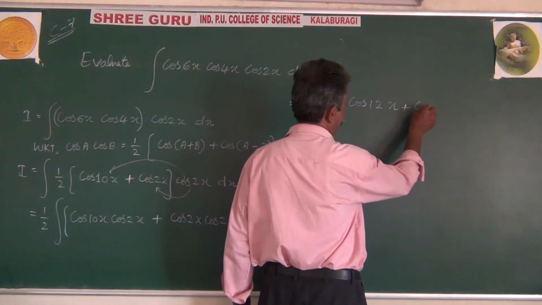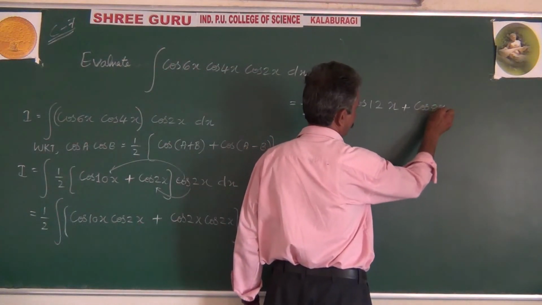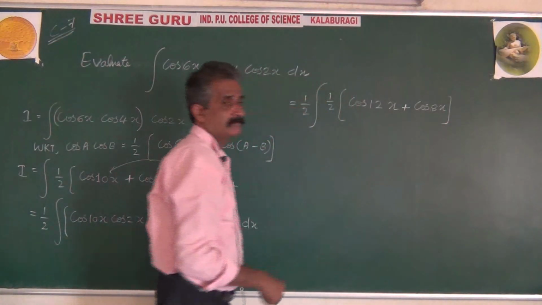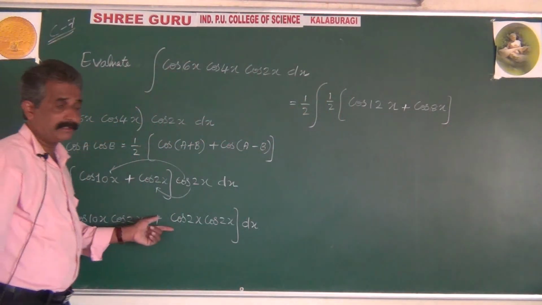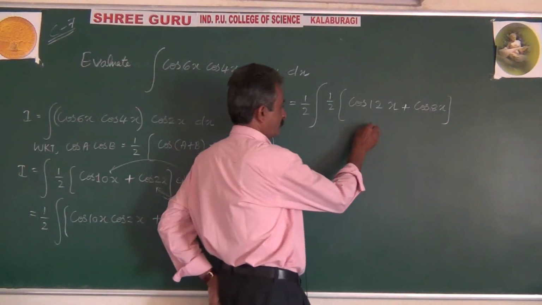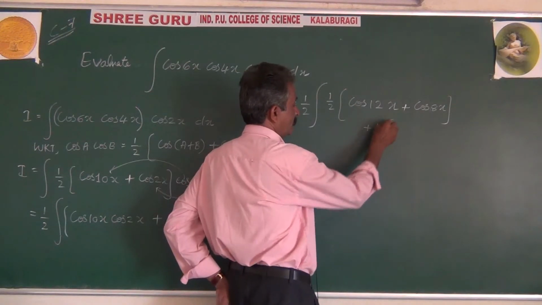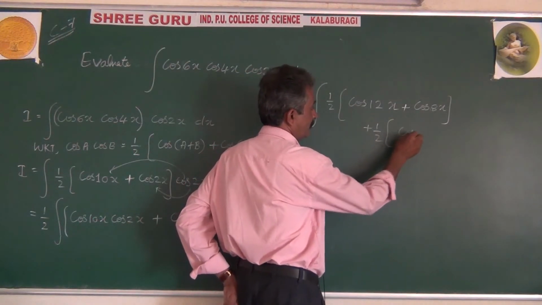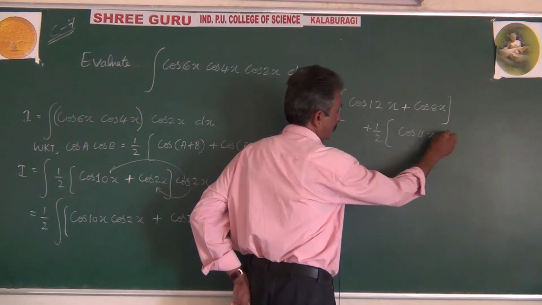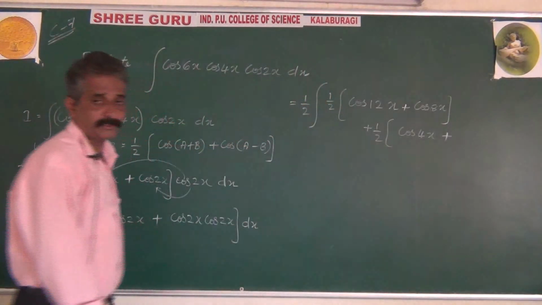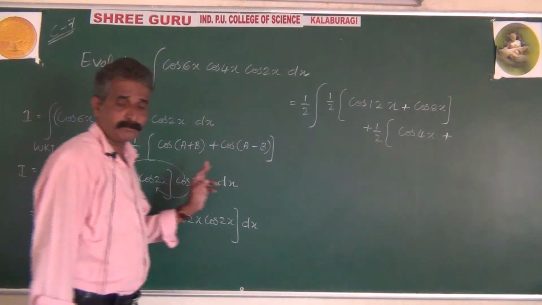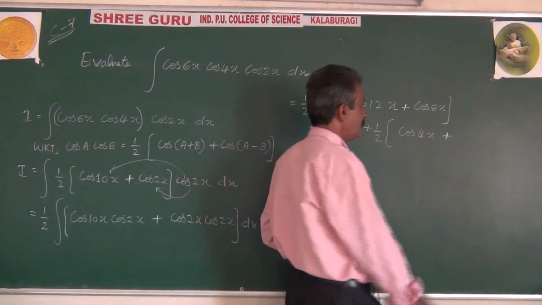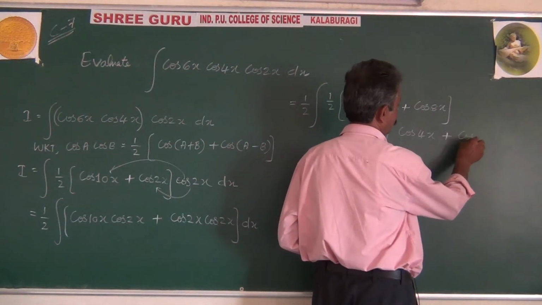That is cos 8x. Similarly here, the same formula: 1 by 2 into cos A plus B, 2x plus 2x is 4x, plus cos A minus B, 2x minus 2x is 0. That is cos 0.